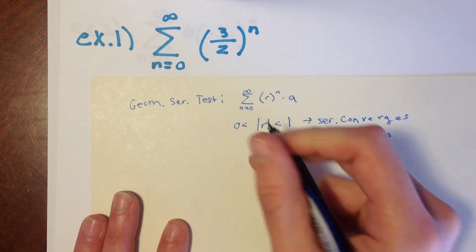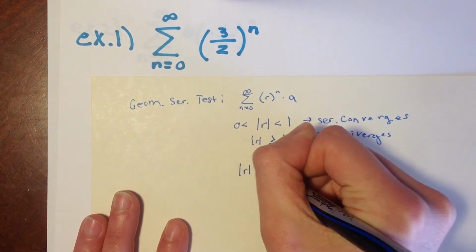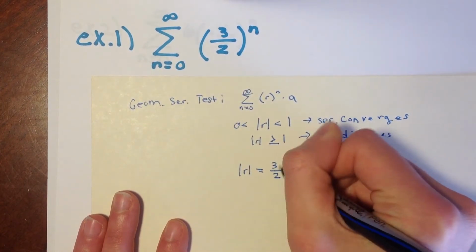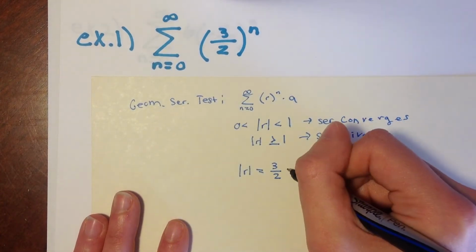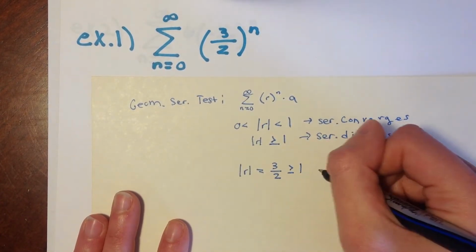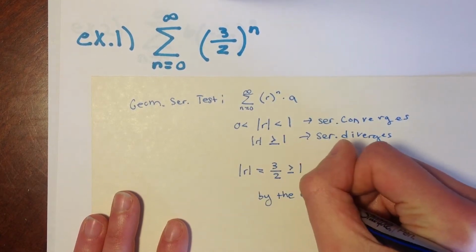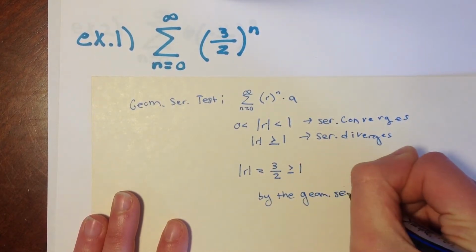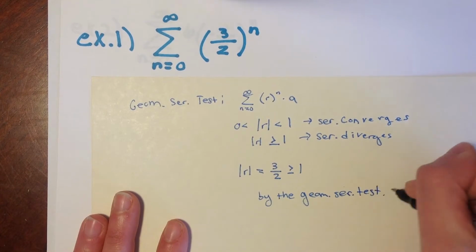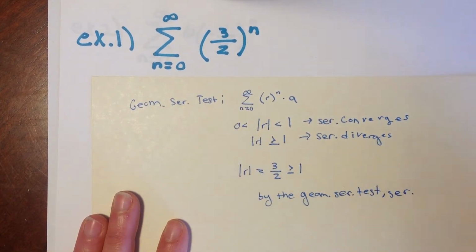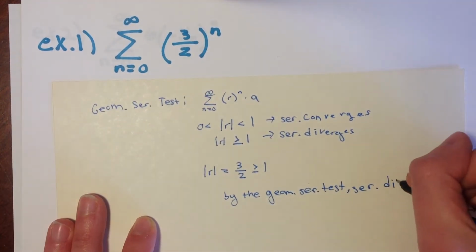So in this instance, we can say that the absolute value of r equals 3/2, that's 1.5, which is greater than or equal to 1. So we can say that by the geometric series test, this series diverges.